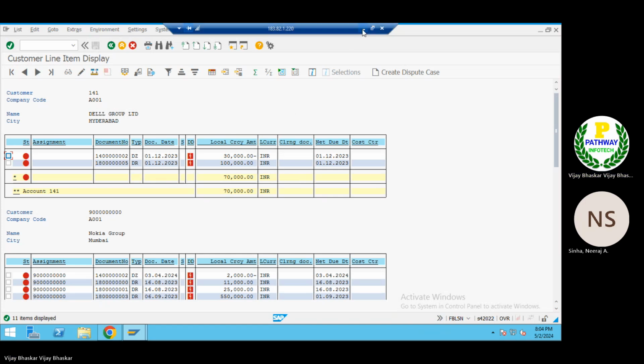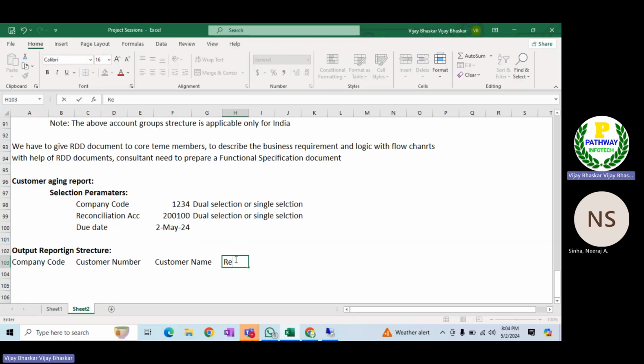Now the reconciliation account, let's say the terms of payment. After terms of payment, my reporting structure would be a line item structure from 0 to 10 days. How many open items are there in 0 to 10 days?